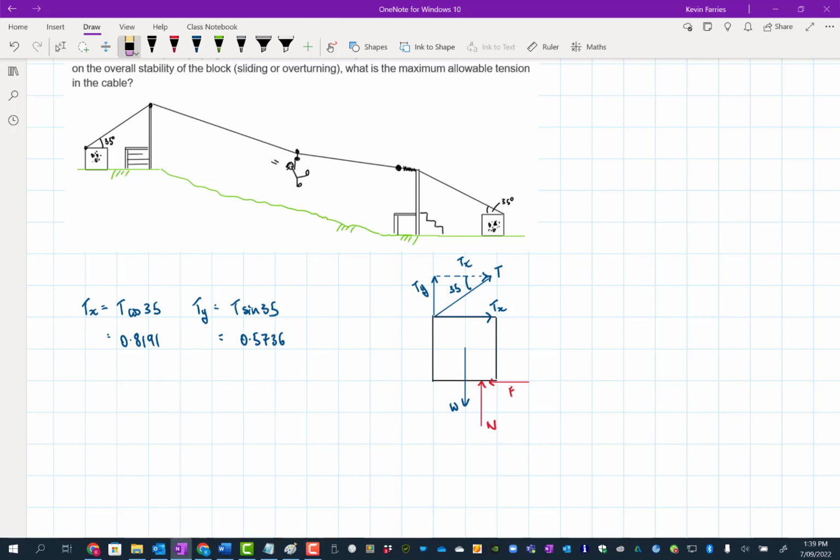Sorry, just checking that. Actually, that should be a 2 if we round it. Not that it'll make much difference. So we know those two, and it's times T. So we've got those now.